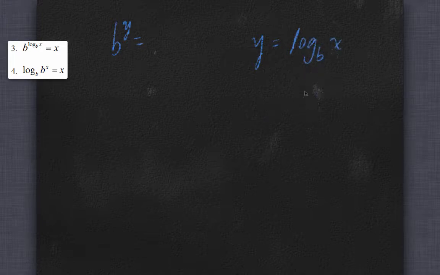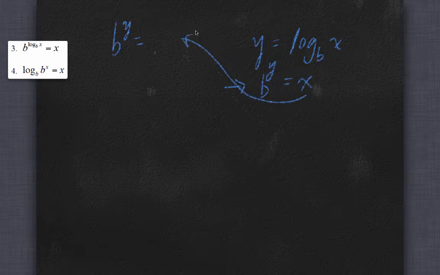Okay. So if I rewrite log sub b of x, I'm going to say this is b to the y, where y is log sub b of x. That means in exponential form, the base is the base, the log is the exponent. So b to the y equals x, but this was y, so b to this equals x.